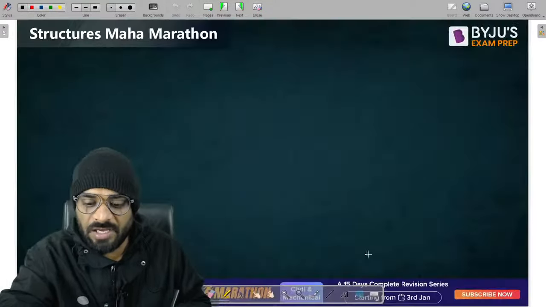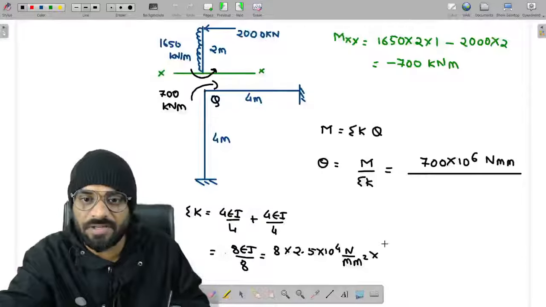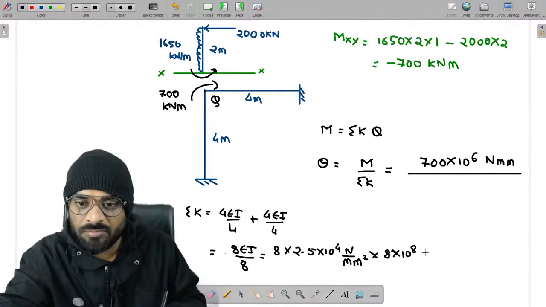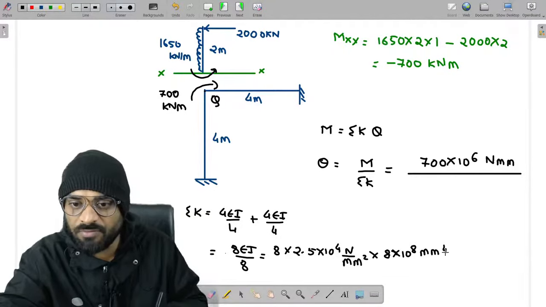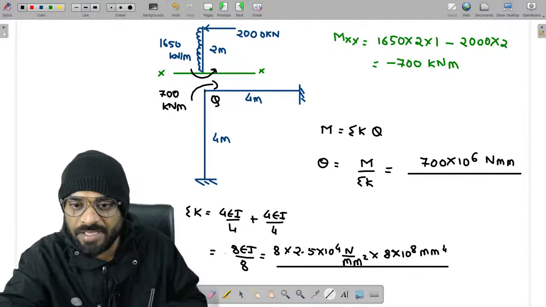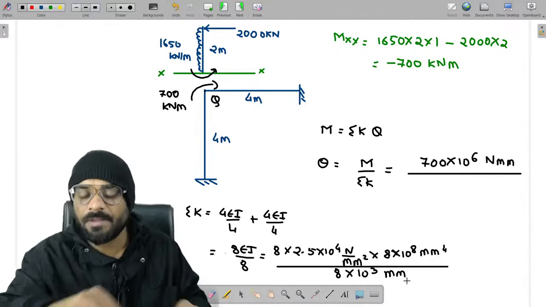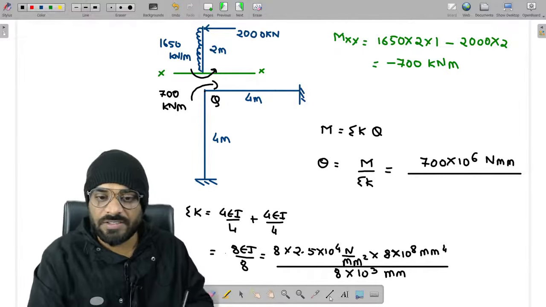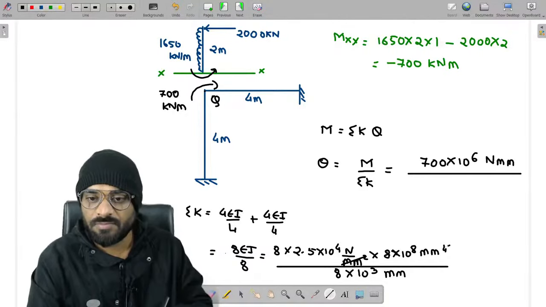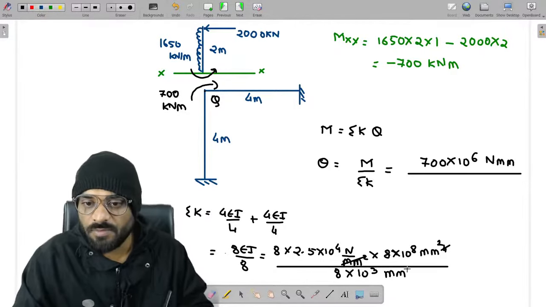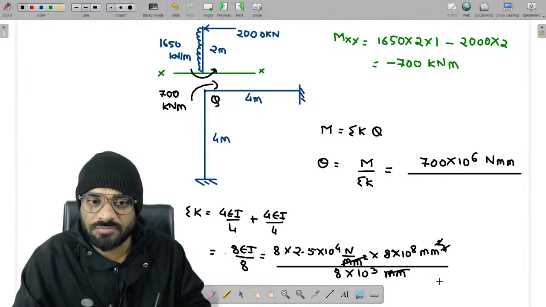Then we have I. I is equal to 8 into 10 raised to power 8, which is in mm raised to power 4. Now divided by 4 meter. Meter means we need to convert it in terms of mm, like this. So kindly cancel the dimension. It should be square. Now you can cancel this one also.